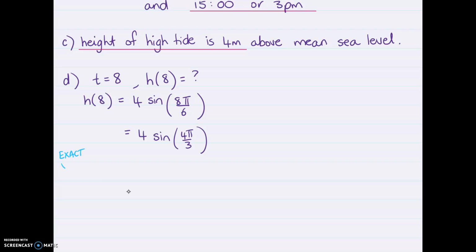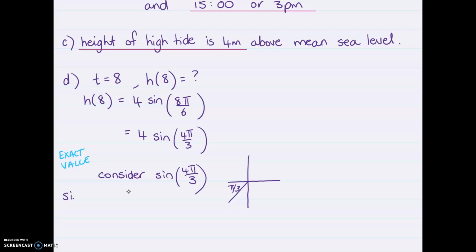That's using my triangles, because I can see it's got this pi on 3, something to do with 60 degrees. So this sine, I'm just going to consider the trig part. So if I just consider the sine 4 pi on 3 first, and then we'll times this answer by 4. Work out what quadrant we're in. 4 pi on 3, well 3 pi on 3 is round at 180, 4 pi on 3 is pi on 3 away, but in quadrant 3.